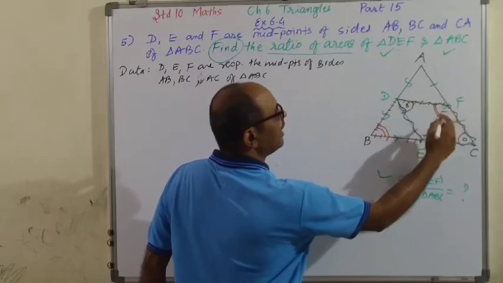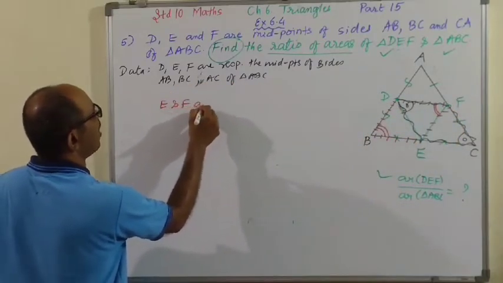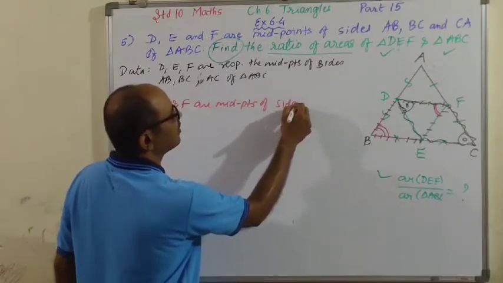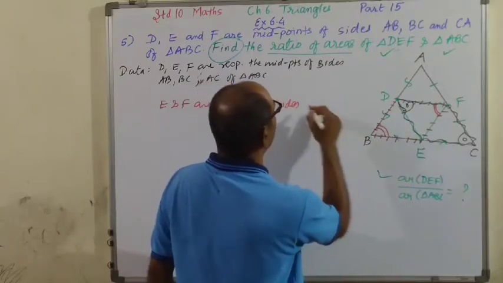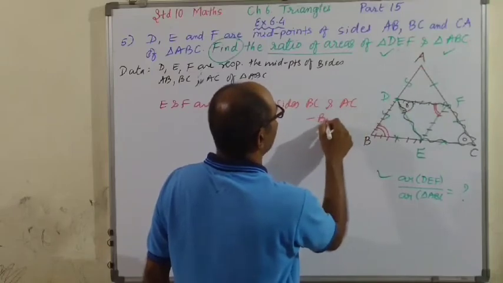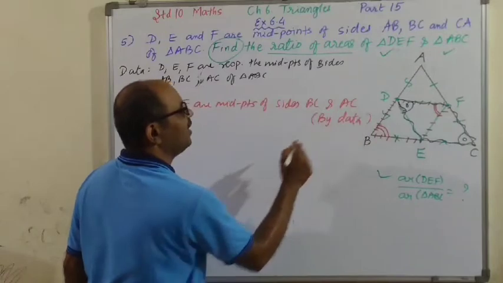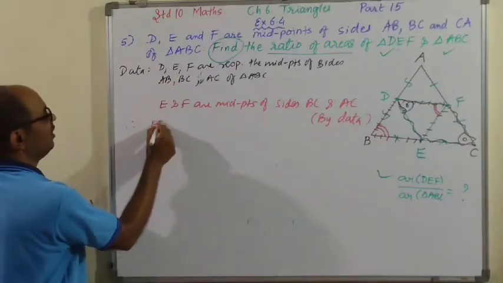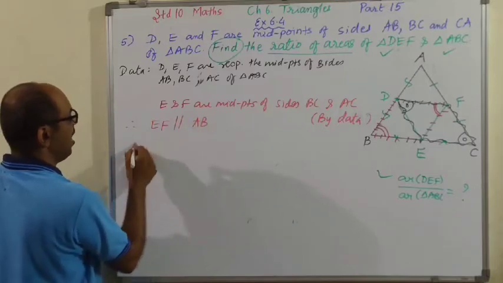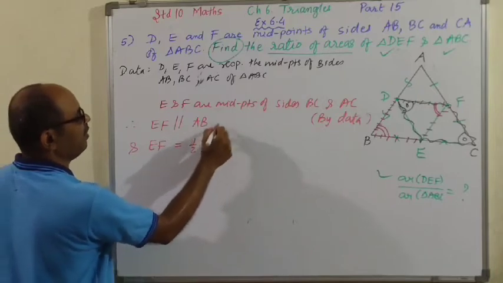Okay, so I'll take E and F. E and F are midpoints of sides. Tell me, E is midpoint of BC and F is midpoint of AC. How did you get this? By data. Therefore, EF is parallel to AB and EF is equal to half of AB.